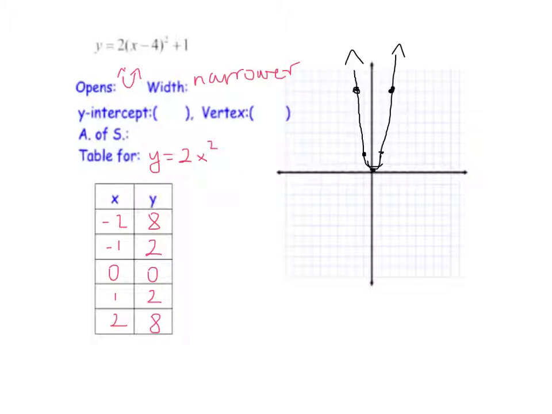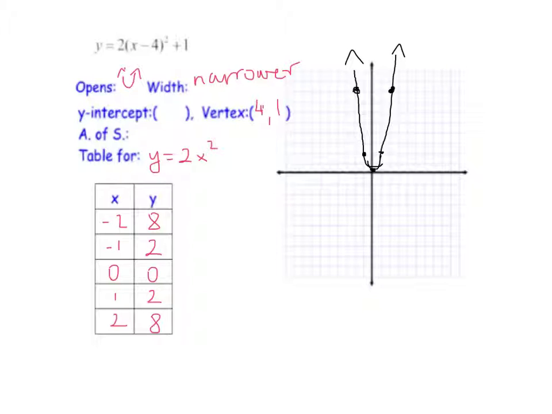After this, we are going to decide what our h and k are. So if we look at the equation, h is going to be 4 and k is going to be 1. So the vertex of our parabola is 4, 1, which means we are going to move the parabola 4 to the right and 1 unit up.